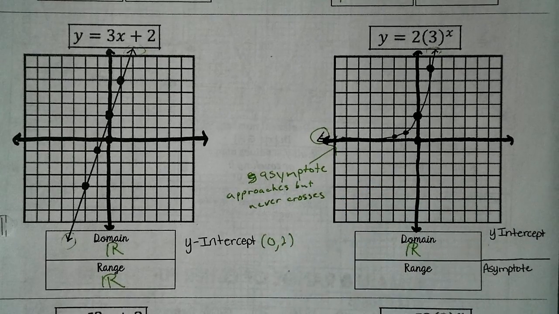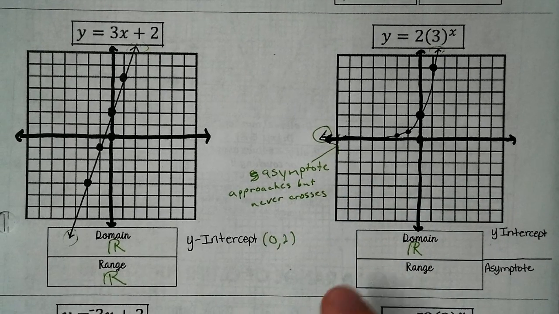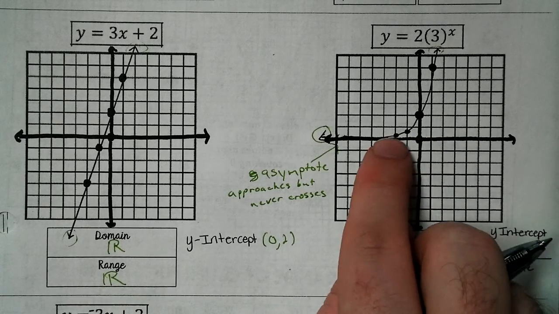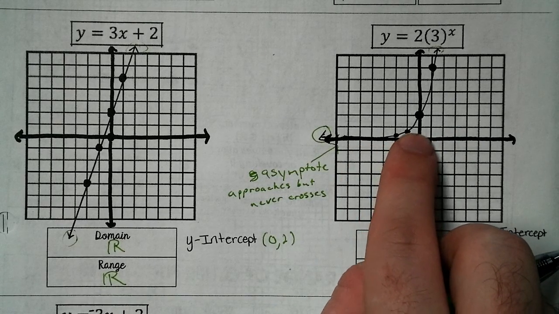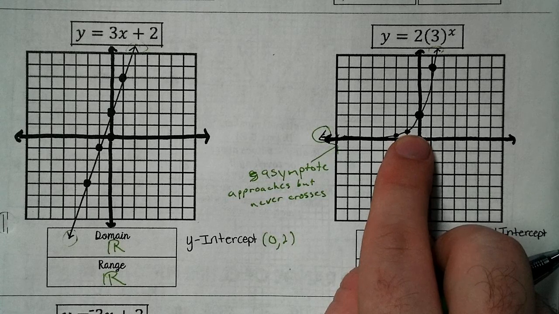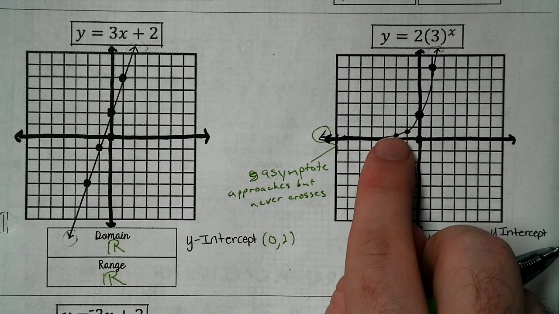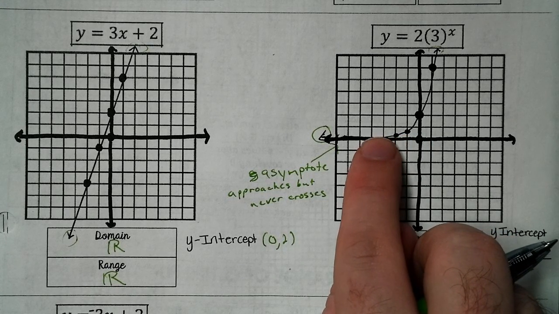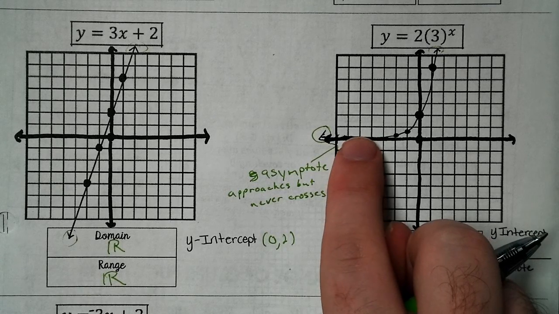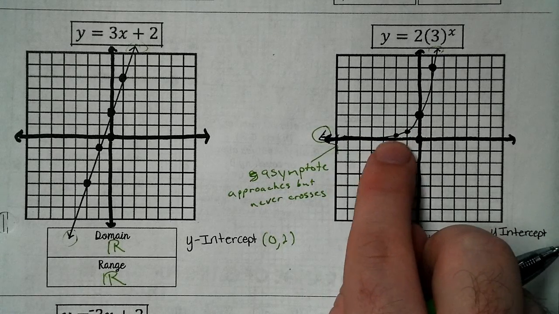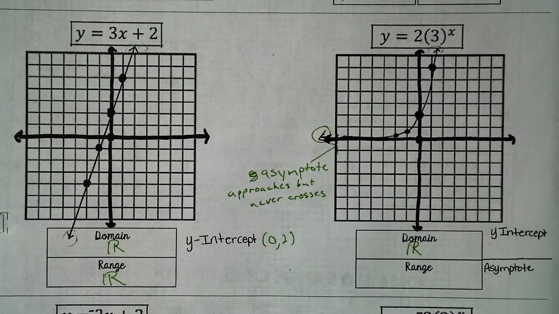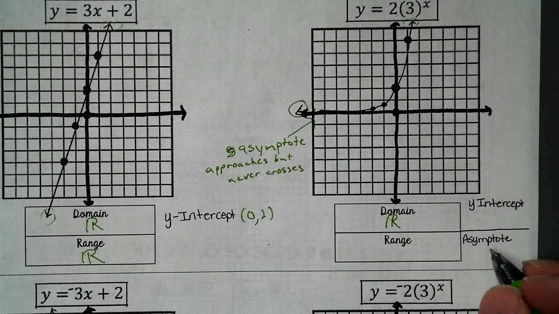What you would see in a calculator is the fraction getting smaller and smaller, never getting to 0. Like 2/3, then 1/3, then 1/6, 1/7, 1/8, 1/9. Each one is getting smaller and smaller, but it never hits 0. So your asymptote is at y equals 0.